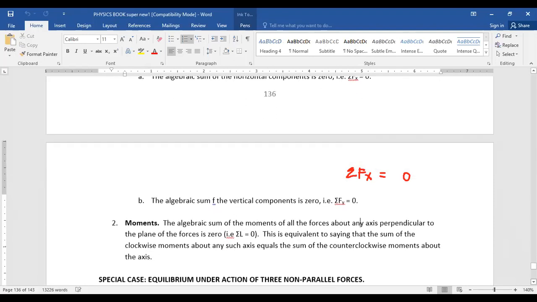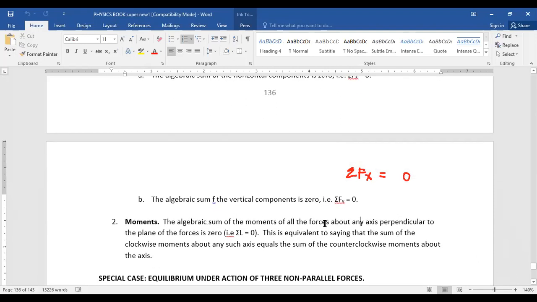Then the moments: the algebraic sum of the moments of all the forces about any axis perpendicular to the plane of the forces is equal to 0. Okay. Summation of forces at x equal to 0. Summation of forces at y is equal to 0. And the summation of moments is equal to 0.